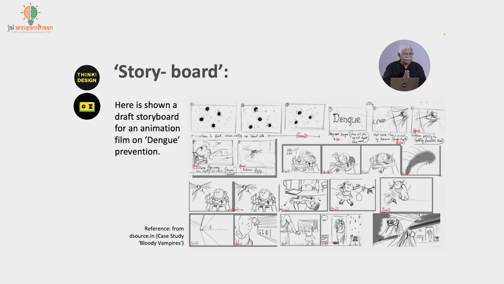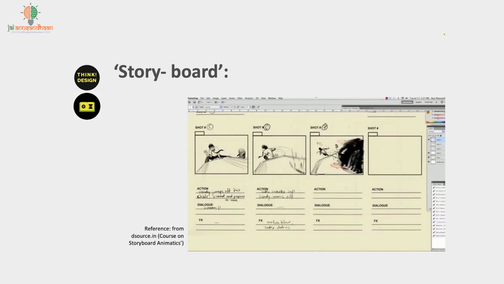It's called animatics. So you get the feel of what the film is. When all the in-betweens are done, it becomes the final product. But before doing it, just to get a feel of what your product is, animatics is the method they use.